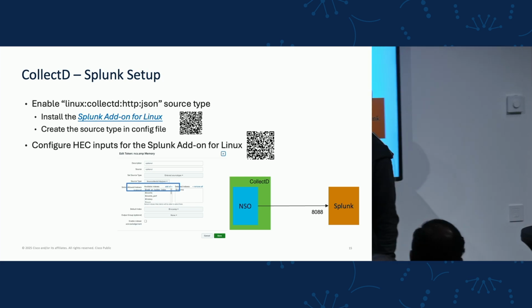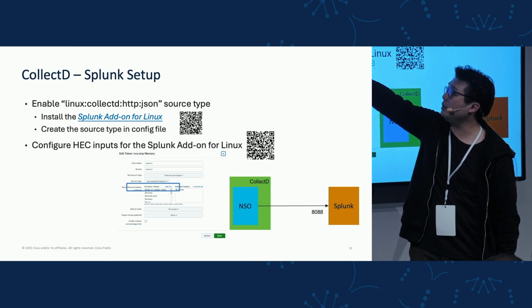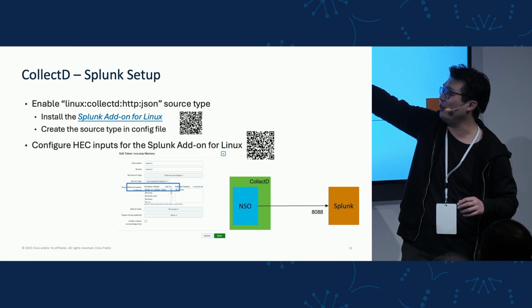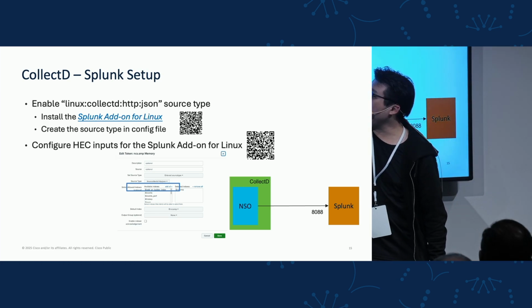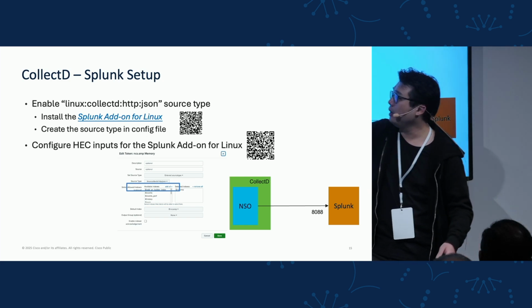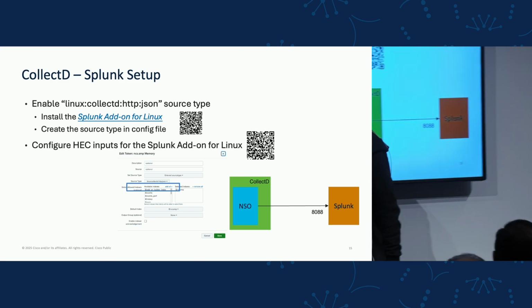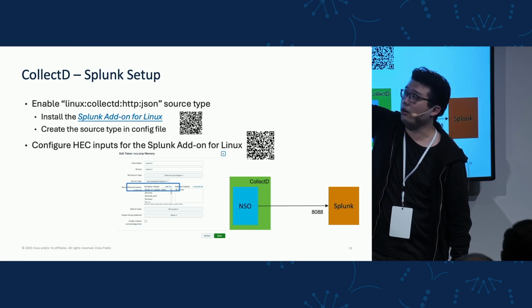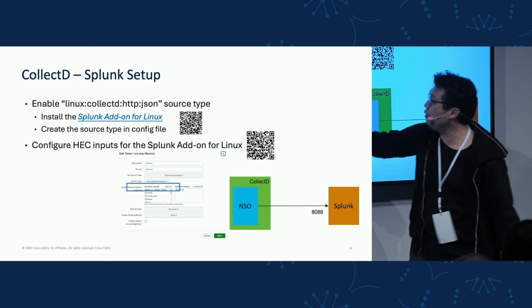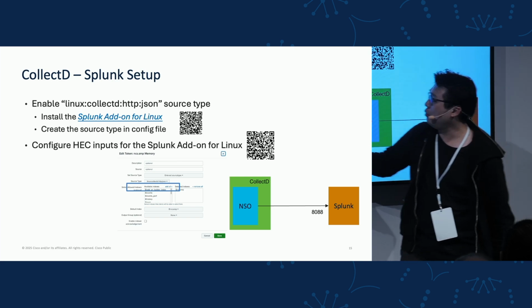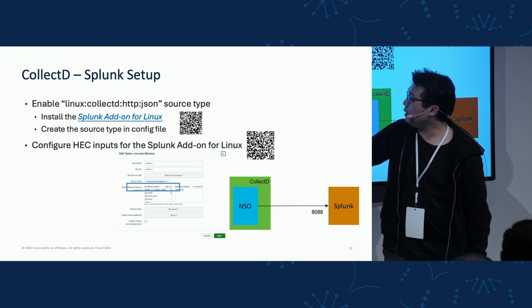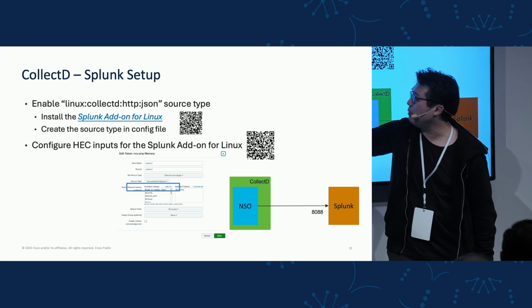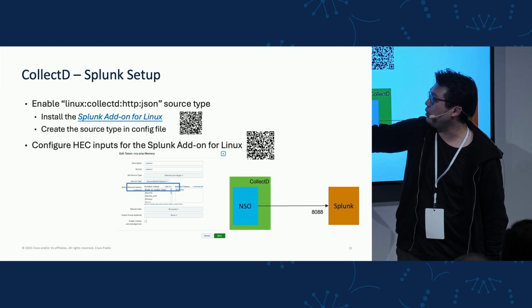But after you install the Splunk add-on for Linux, I'm not going to detail it here. There's a QR code for the guide, very clear. Take a look. Then in this config.json file, you specify that this source type will be taken care of by this add-on. Then in your index configuration, I already created it, but you can specify here the source type, Linux collectd HTTP JSON.